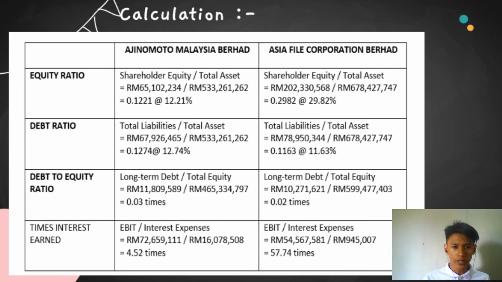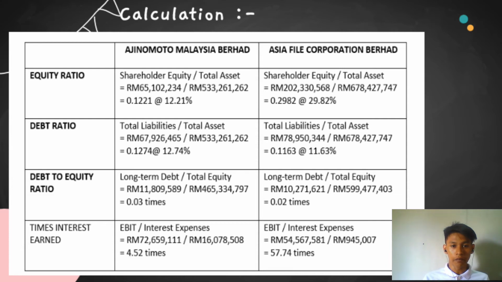Equity ratio means how much of a company's assets has been generated by issuing equity shares rather than taking on debt. So Ajinomoto Malaysia Berhad is better, because the lower the equity ratio, the more debt a company has used to pay for its assets.